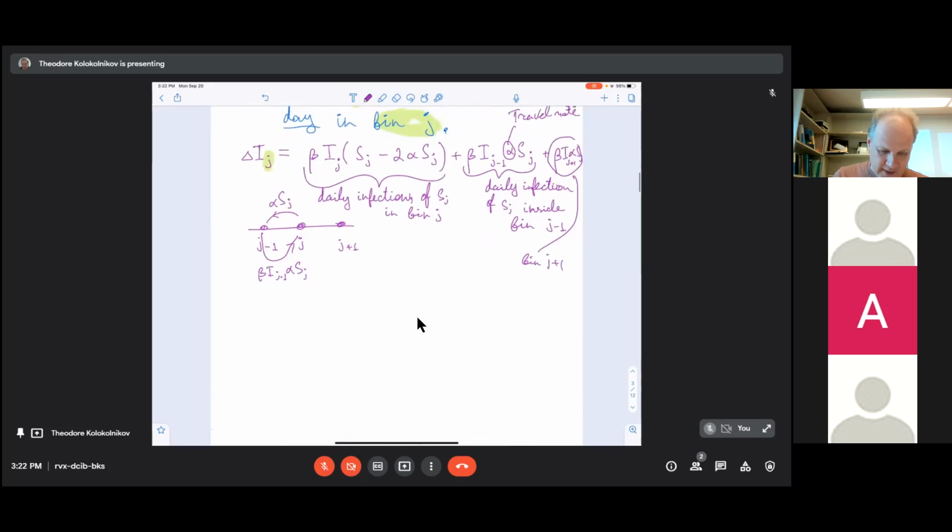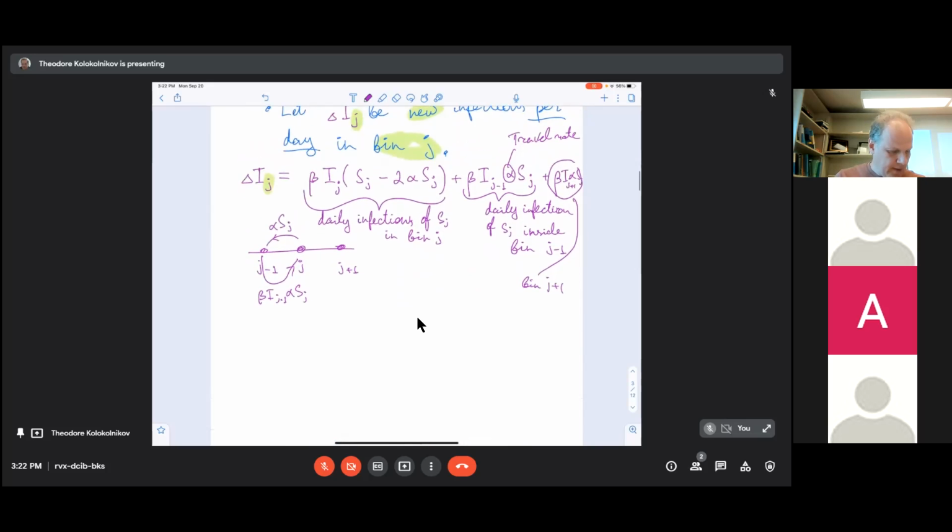The model then becomes simply that I_j, the number of infected individuals at time t+1, the following day, is the number that are currently infected plus the new number of infecteds, that quantity there.